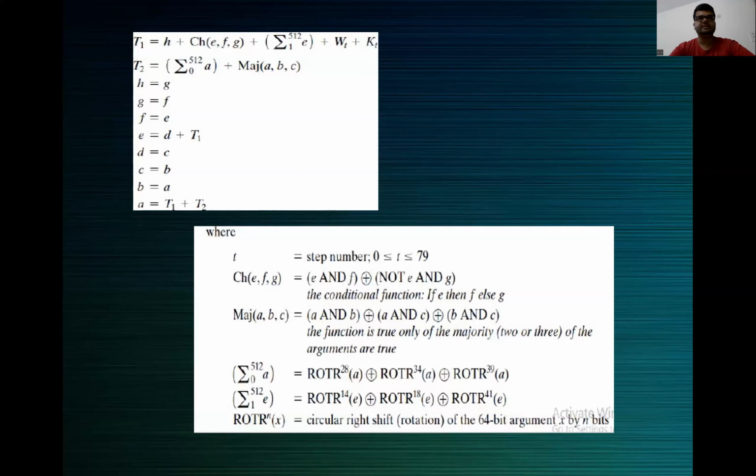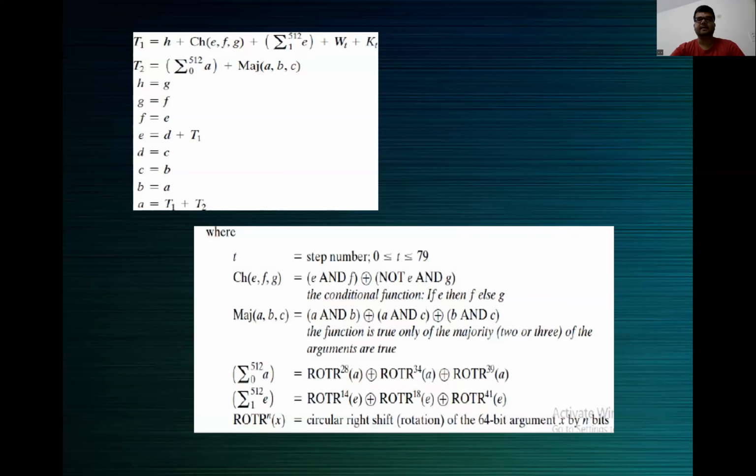H is equal to G, G is equal to F, F is equal to E, E is equal to D plus T1, D equals C, C equals B, B equals A, and A is equal to T1 plus T2.